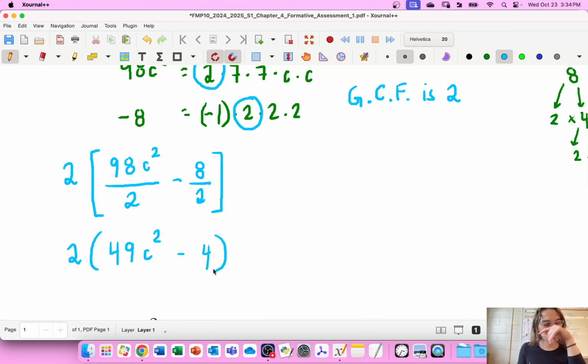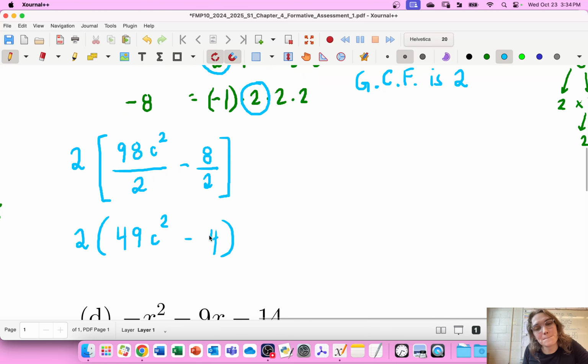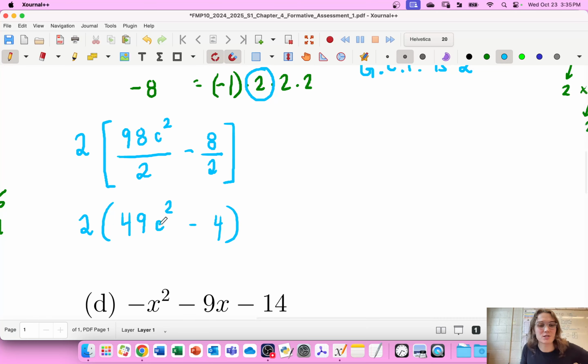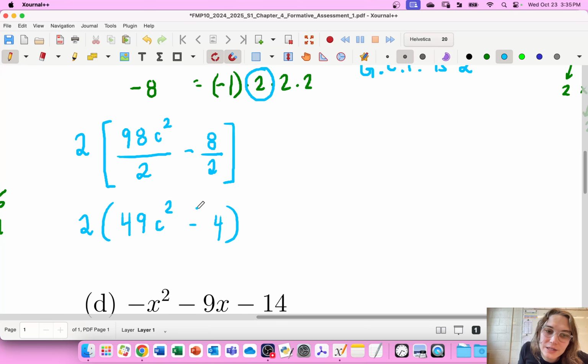Interesting. Okay, we took out the GCF. It's not a trinomial, so I'm not going to be doing factoring by inspection, but it's a binomial.